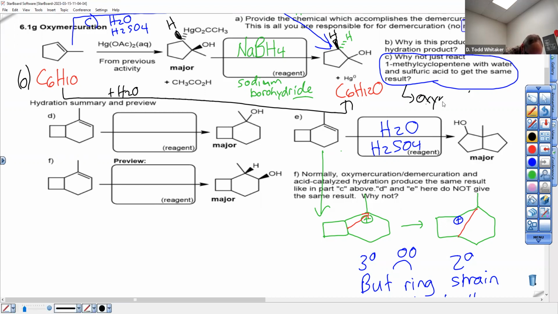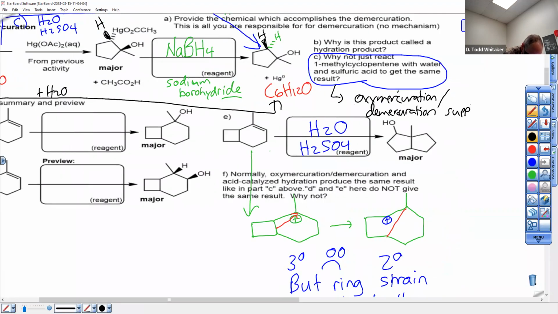Oxymercuration slash demercuration suppresses rearrangements because there is no C+ intermediate.